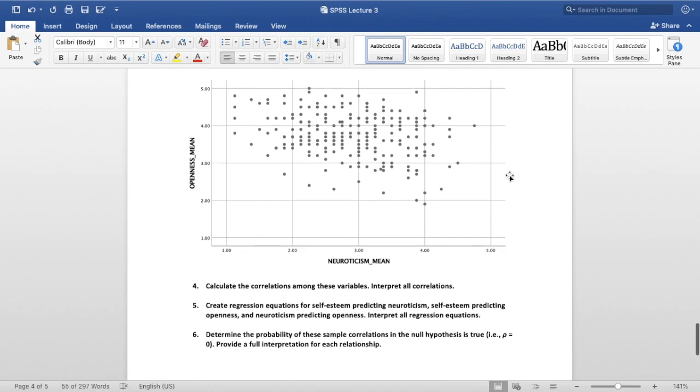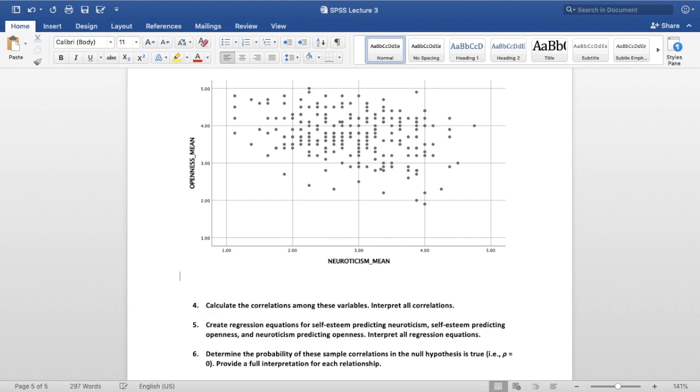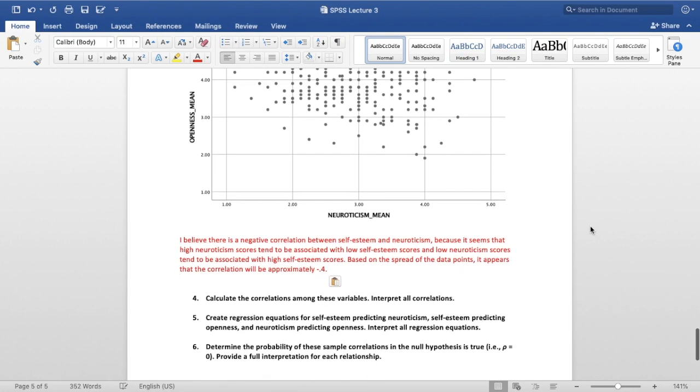So you might be able to predict a slight negative correlation. Yeah, and that's actually what I have in my notes, so that's good.